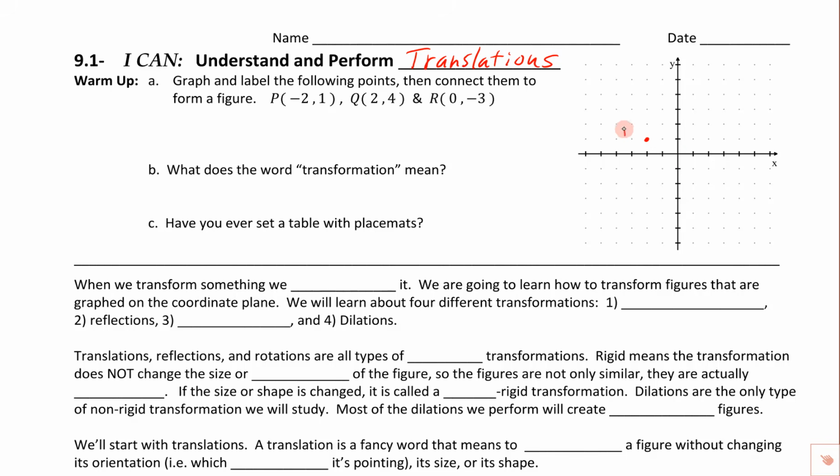And we're going to put a P right by that, so we know that that's point P. This is point Q, so we've got 2, 4, so over 2 and up 4, so that's going to be right here. So here's Q. And then the last one is point R. R is at 0, -3, so we don't go right or left, we just go down 3. So we're going to put R right here. And then we're just going to draw lines to connect these. It said connect those points to form a figure, so we've got a little triangle right there.